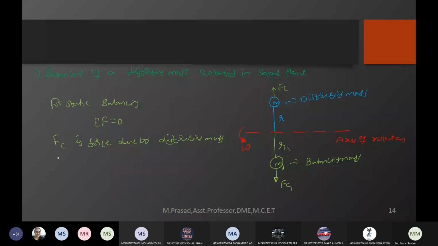Similarly, Fc1 is the force due to the balancing mass. If the net of these two forces is 0, then the entire system is in static equilibrium. So, the sum of all the forces should be equal to 0. That is, Fc minus Fc1 should be equal to 0. That means Fc should equal Fc1.